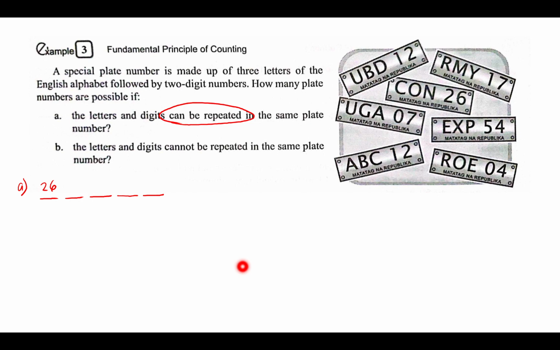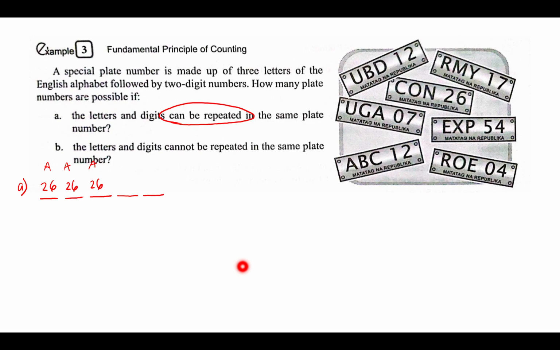Since the condition is that they can be repeated, we also write 26. Let's say, for example, the first letter is A. Since repetition is allowed, the second letter can also be A. There's no restriction, so we also write 26. And the same with the third letter, we also write 26. So it's possible that your plate number will be AAA because of the condition.